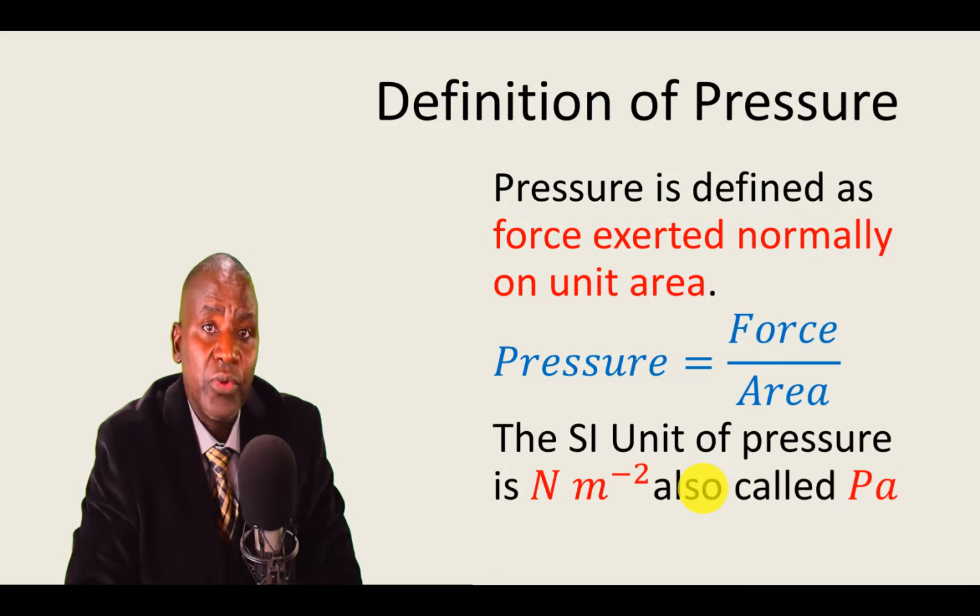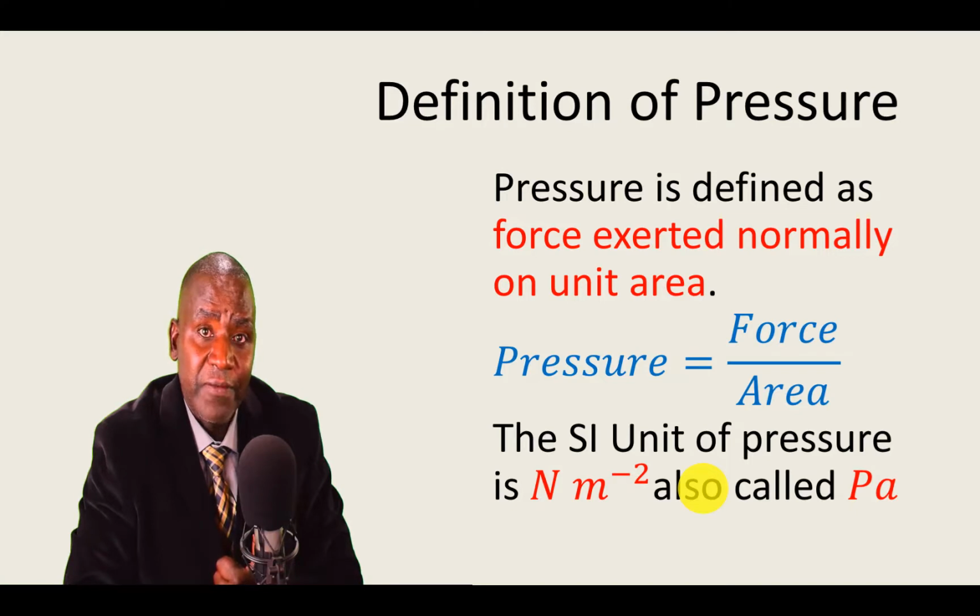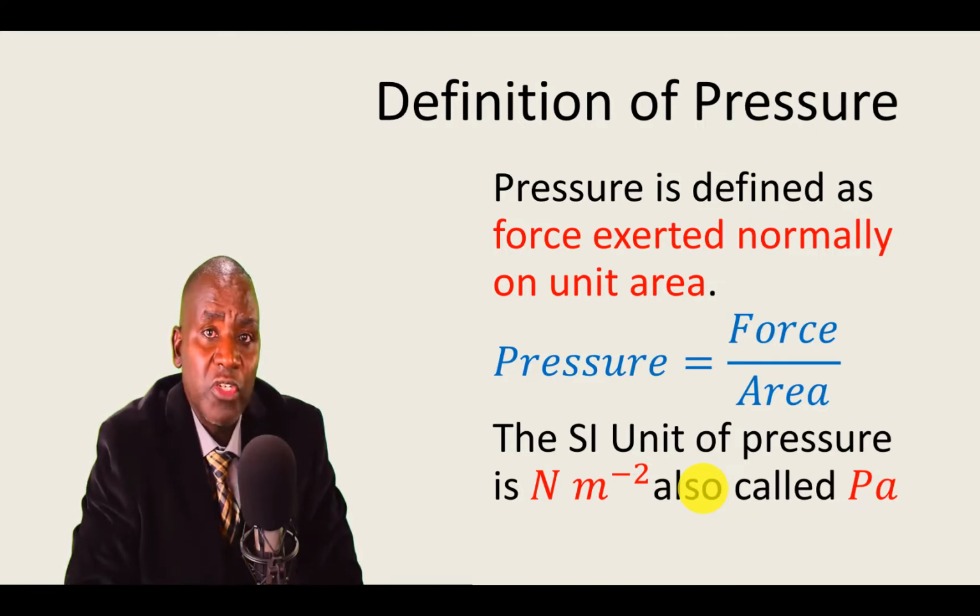Normally, these are units named after people, scientists who contributed a lot in the study of that particular concept. Pascal is the name of a person. Newton is the name of a person. Elsewhere, we will define Newton. But at this particular point, we want to define Pascal because it is a unit of measurement of pressure.